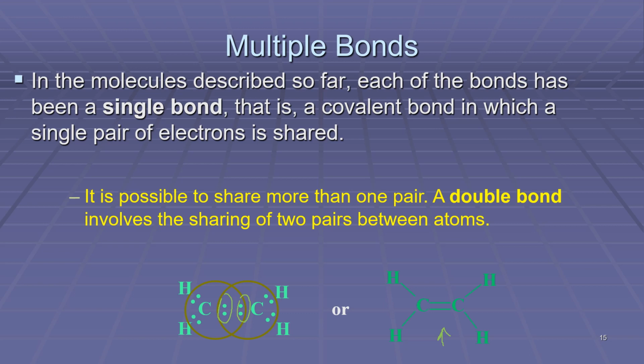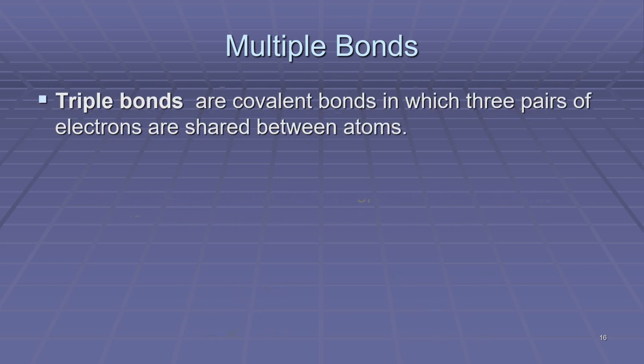It's a little less messy than drawing a whole bunch of dots, but remember every line represents a pair of electrons. And yes, we can have triple bonds as well. So a triple bond is where 3 pairs of electrons are shared between the same atoms. This is acetylene, so it's got 3 pairs of electrons shared between these 2 carbons, and so that's considered a triple bond. You can't have more than a triple bond: single, double, or triple.